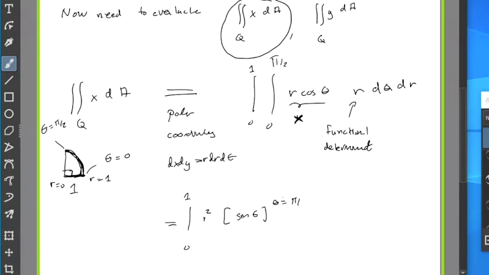Let me just finish this integral, then I'll come to the question. So when we evaluate here, we get a 1. And then when we calculate the r integral, we get r cubed over 3. Evaluating that, we get a third.